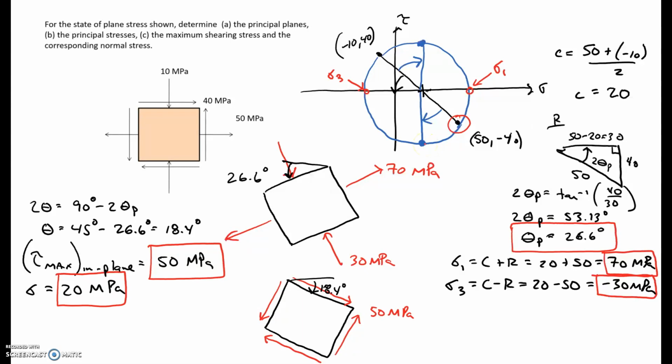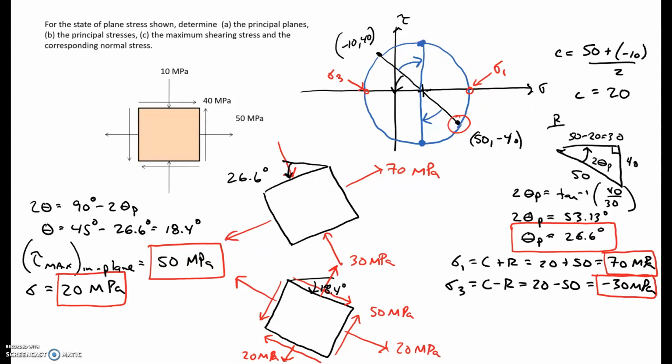You're stuck with a normal stress of 20 megapascals. It is positive, which means it's tension. So on every face, you get 20 megapascals. Okay, and that's what the state of stress looks like.